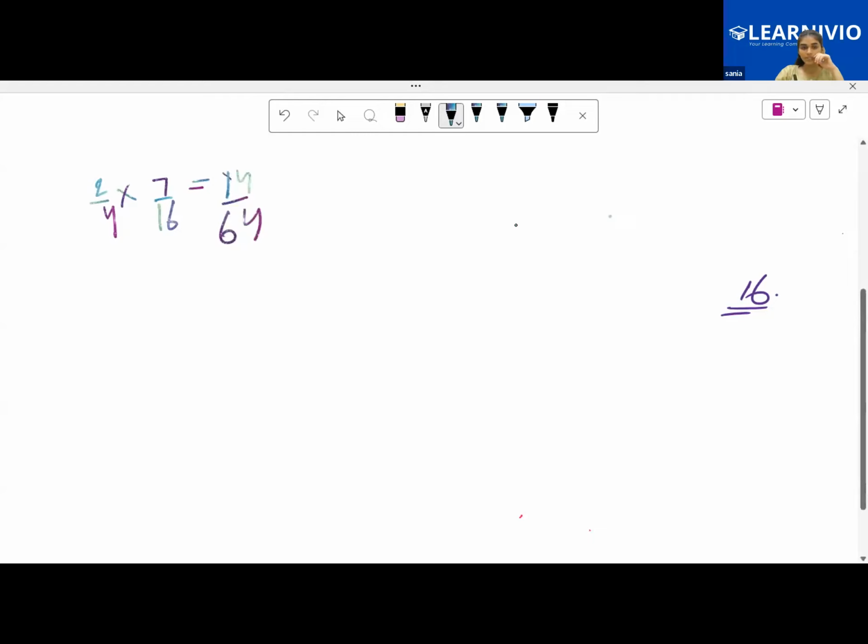Now, Zainaira, tell me one thing. Do you know how to compare fractions? So please, can you compare 2 by 4 and 14 by 64? First of all, also convert 14 by 64 to the simplest form. What do you get?